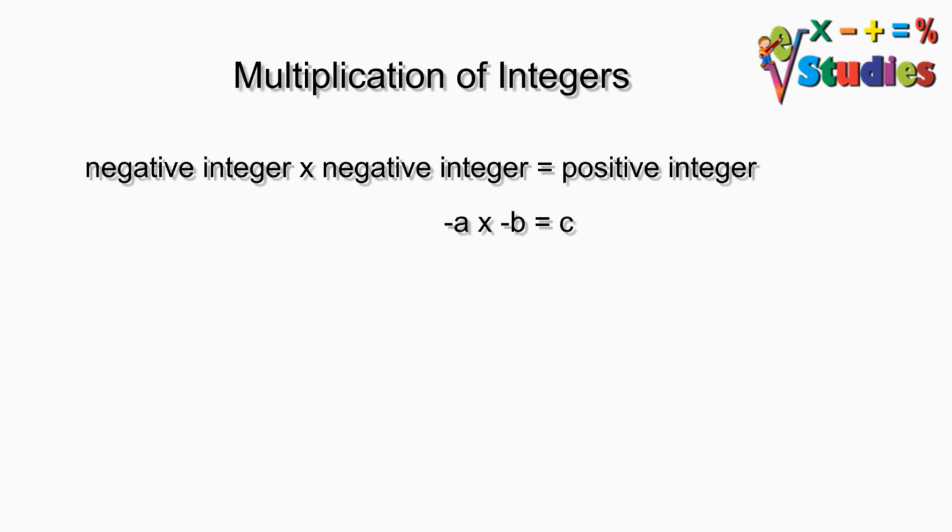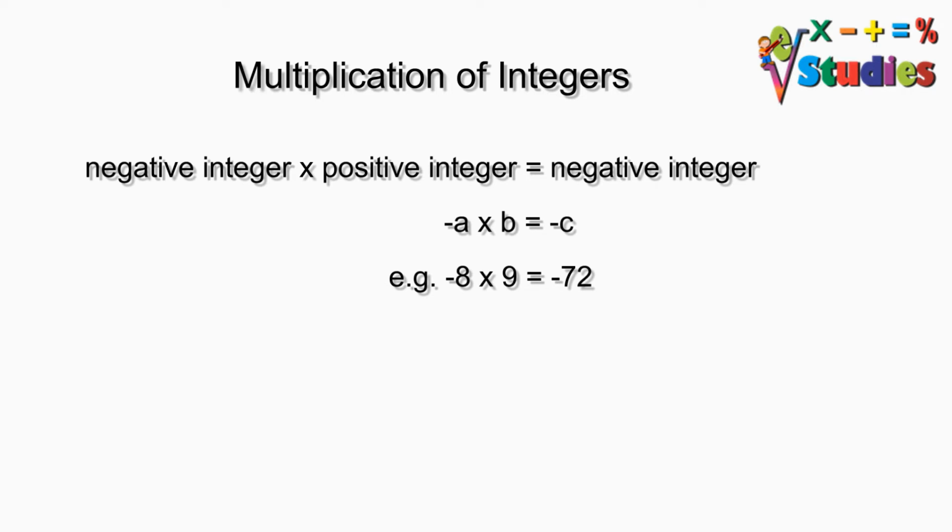For example, negative 8 multiplied by negative 9 will give you positive 72. And out of the two integers, if one is positive and the other negative, you would get a negative integer. For example, negative 8 multiplied by positive 9, you would get the answer minus 72.